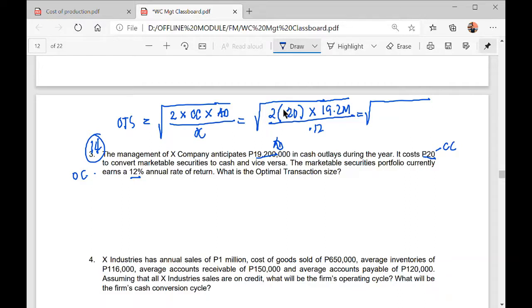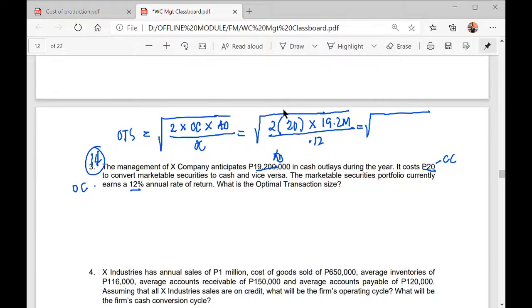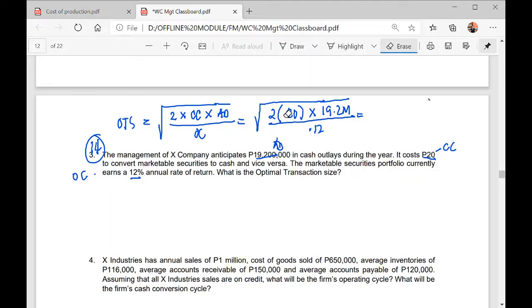Makompute ba ninyo ang final answer? Para dito na lang ta. So you get first katong sa sulod before you press the square root. But if you're using scientific calculator, I think unahon ninyo or press ang square root before the item sa sulod.